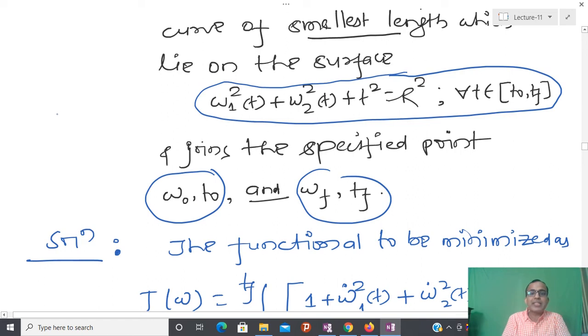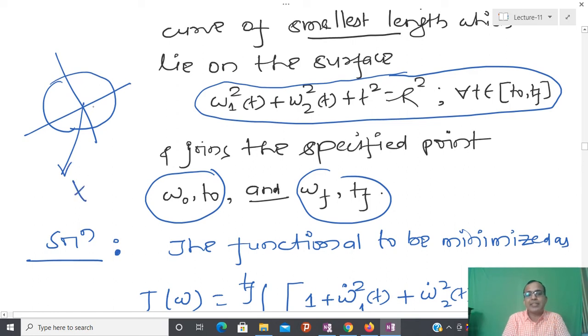Suppose that I have omega 1, omega 2 and t. So you can assume a structure like this, and the third variable is time, and I have a certain curve, and I have to find the minimal length. This point is omega 0, t0, and this is omega f, tf.